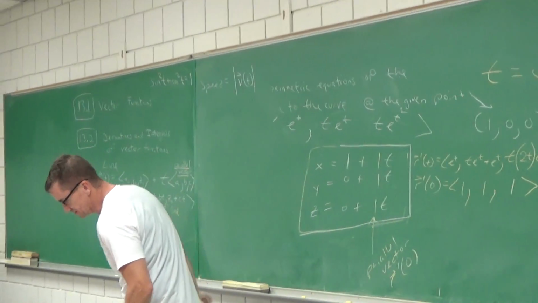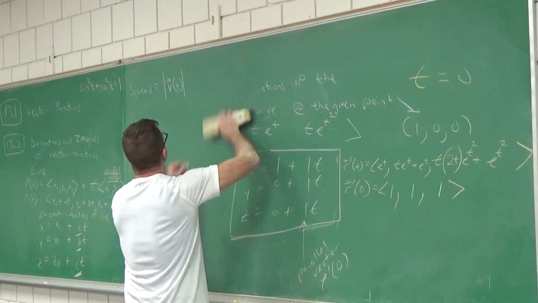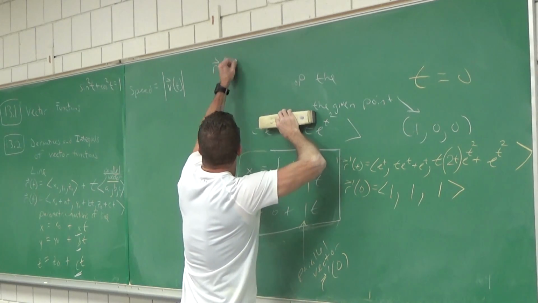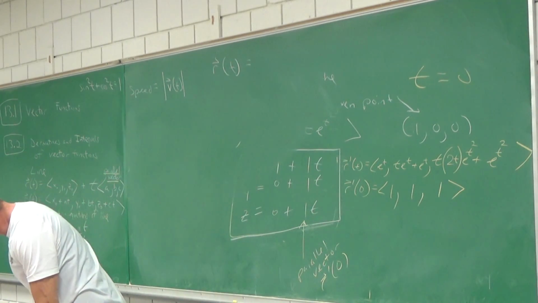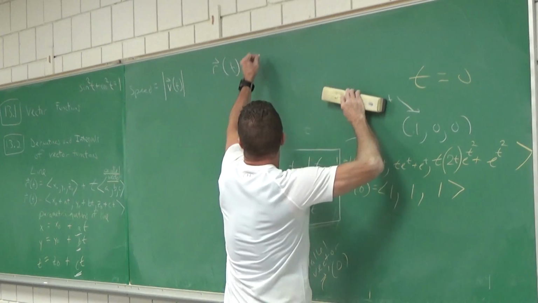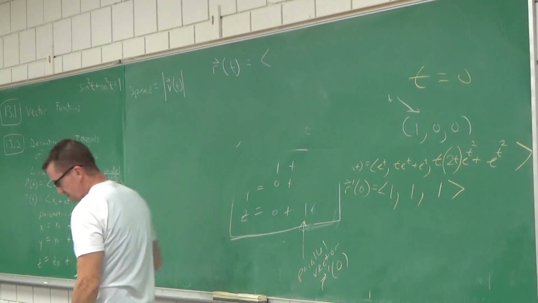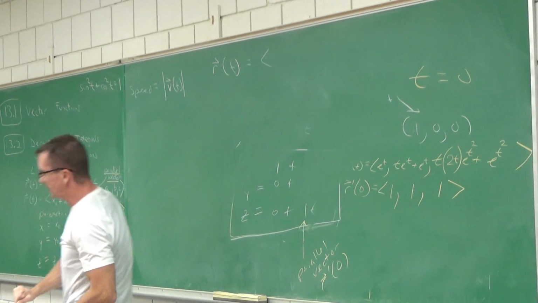So try this. This is the position of some particle, and it equals e to the 6t, comma e to the t minus 1.